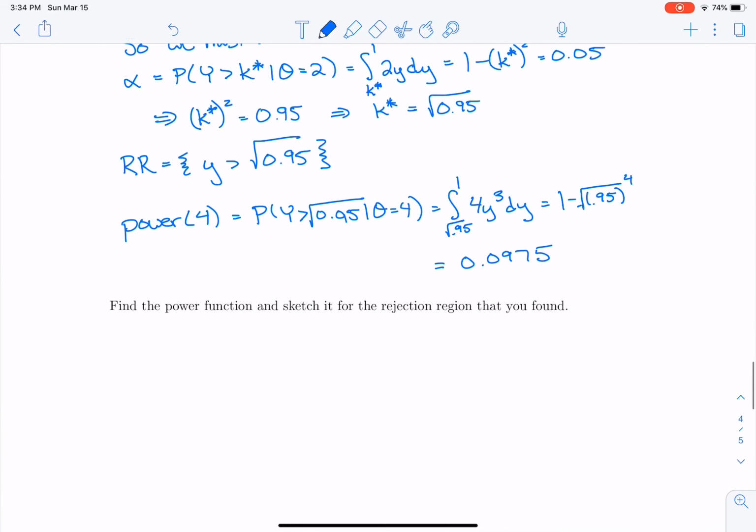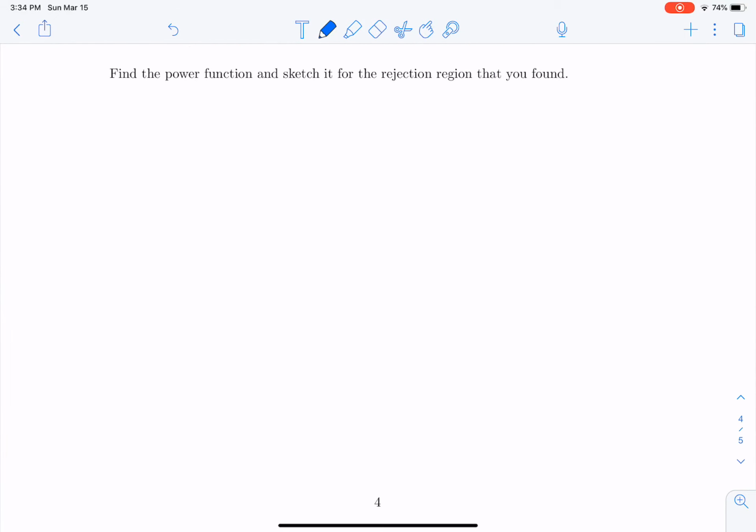Okay, let's finish by finding the power function for the rejection region that we found. So the rejection region that we found in this last case was y is greater than the square root of 0.95. So we want to find the power function for that rejection region.